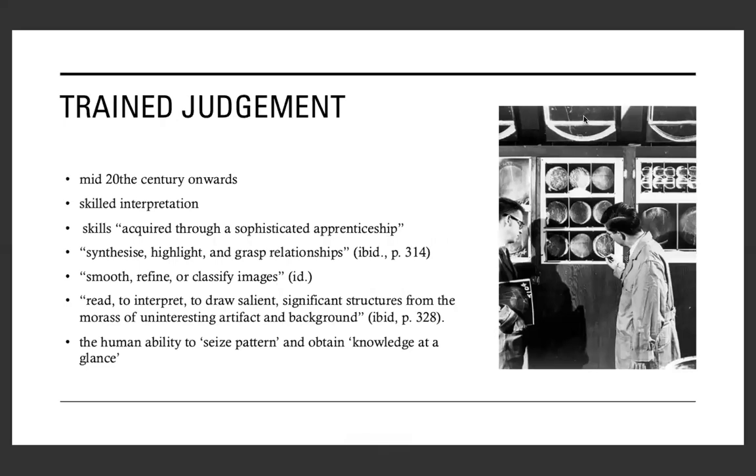And finally, the fourth standard of objectivity that Daston and Galison talk about is trained judgment, which developed not only in response to previous standards of objectivity, but also in response to increasingly complex scientific instrumentation. Trained judgment developed around the mid-20th century, and it had as its basis the idea of skilled interpretation.